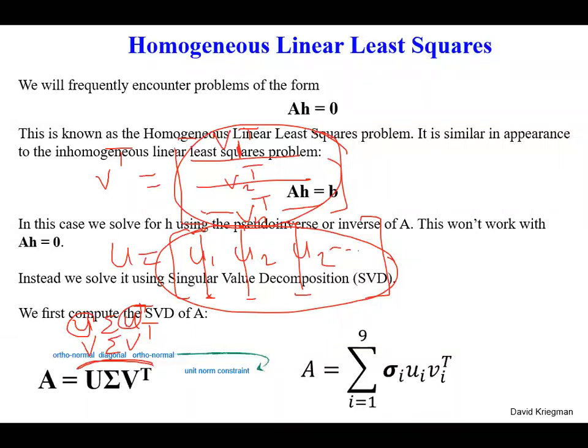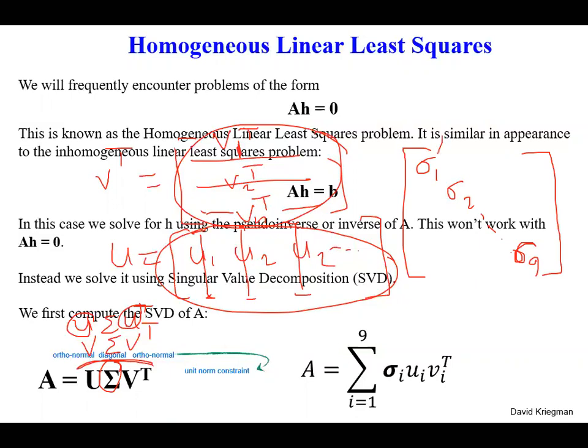What is sigma? Sigma is a matrix that has the singular values, and these singular values are in decreasing order. In this case, since I have 9 unknowns in H, I will have up to sigma 9.